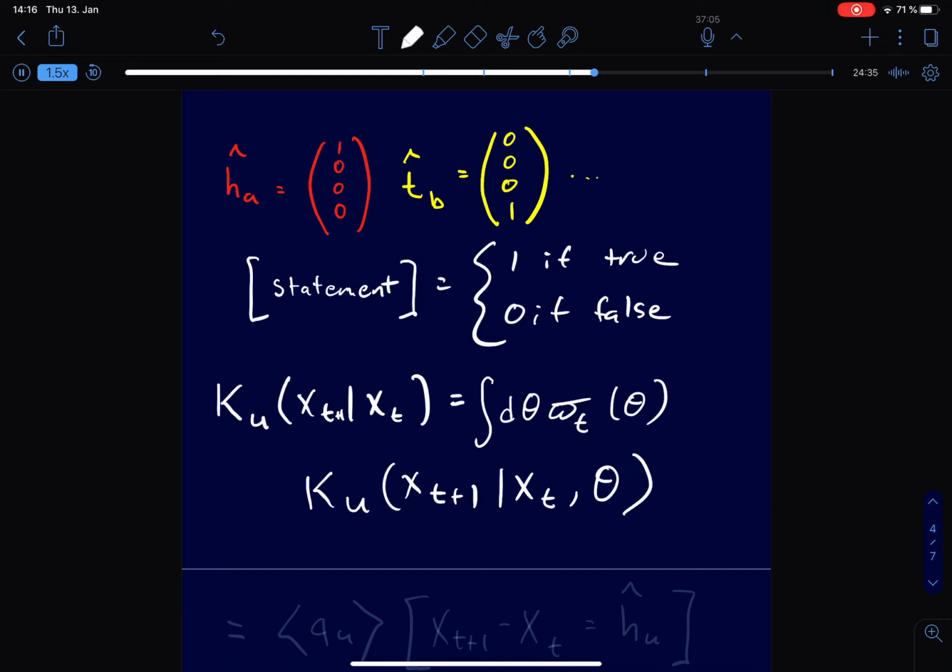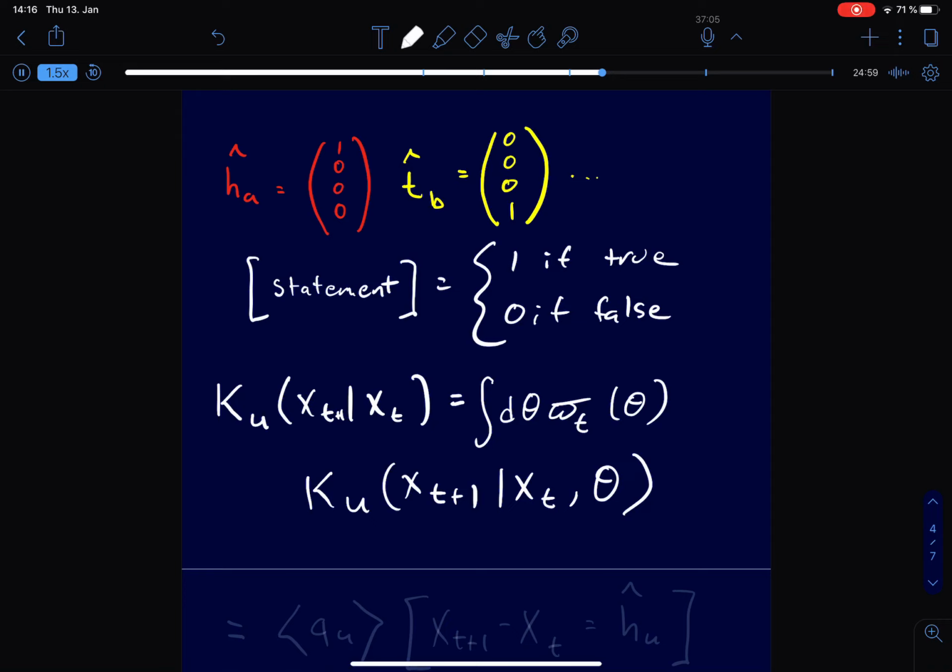I don't know if you remember the first lecture, but this corresponds to choosing one of these points, choosing a theta at random and using that to move our system forward in time. The average over all possible choices of theta is this total observation update.